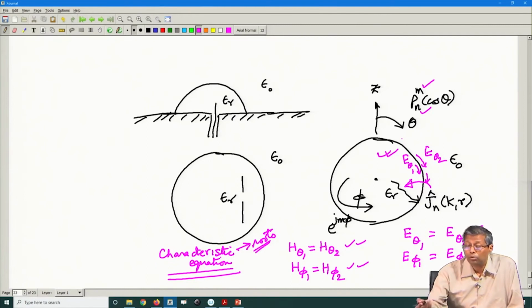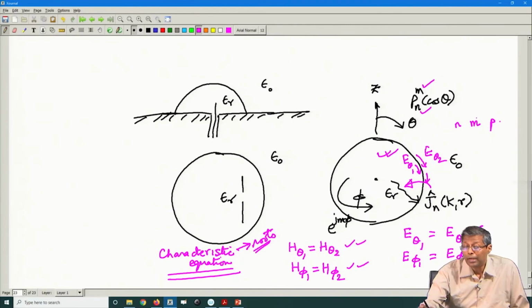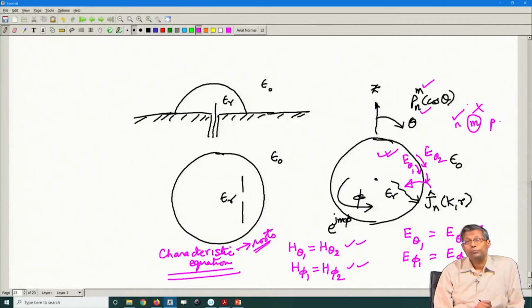We will label the roots in terms of n, m and p. In fact, those roots will be independent of m, but will depend on n only.